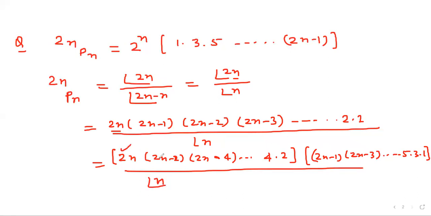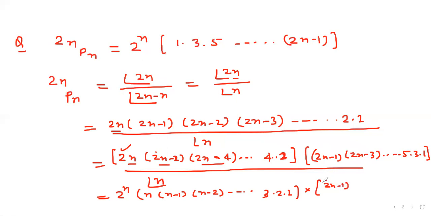Now from here we can take common 2. So in each term 2 is present, and since these terms are total n, so we can say that 2 power n is common, then we will be left with n into n minus 1 into n minus 2 till 3, 2, 1 times second bracket 2n minus 1, 2n minus 3, etc. till 5, 3, 1, whole divided by factorial n.